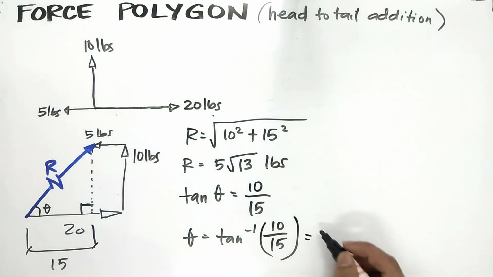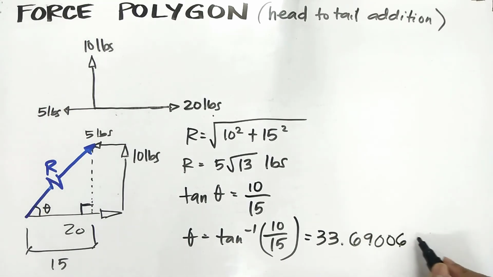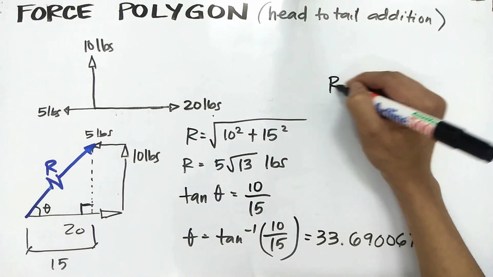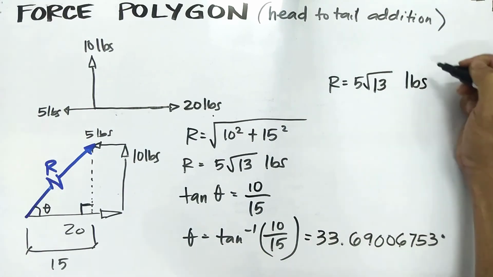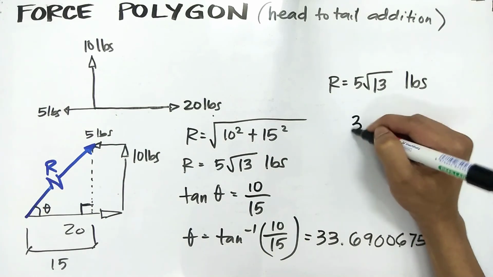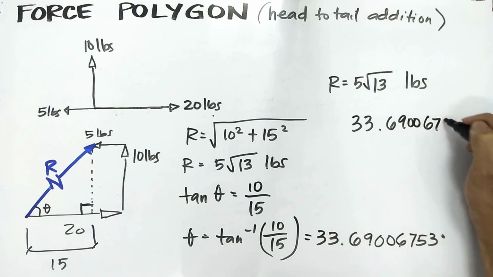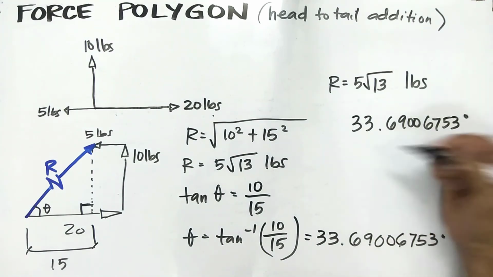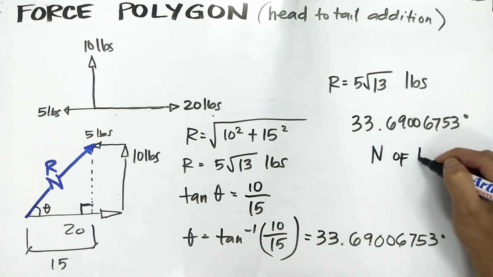This is equal to 33.69006753 degrees. Now your resultant is equal to 5 square root of 13 pounds, 33.69006753 degrees from the horizontal, or can be written as north of east.